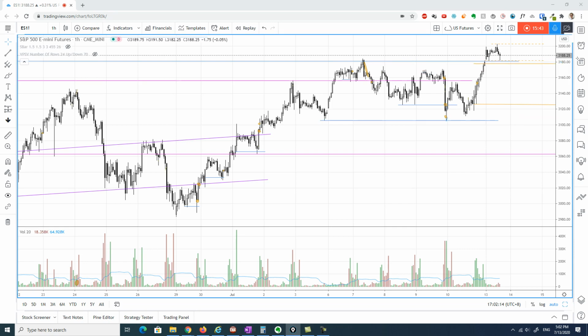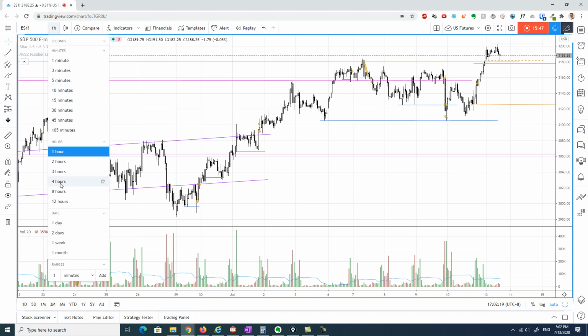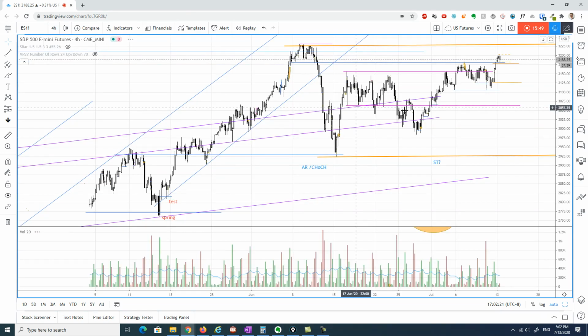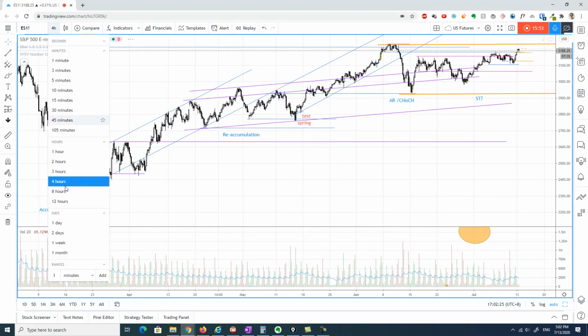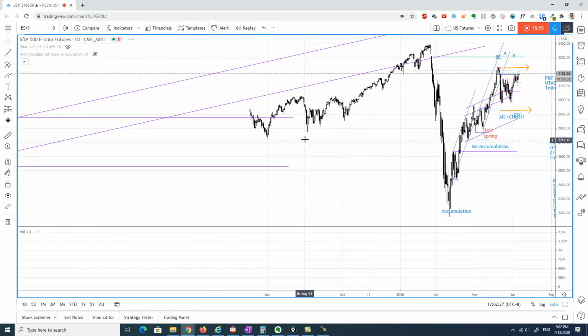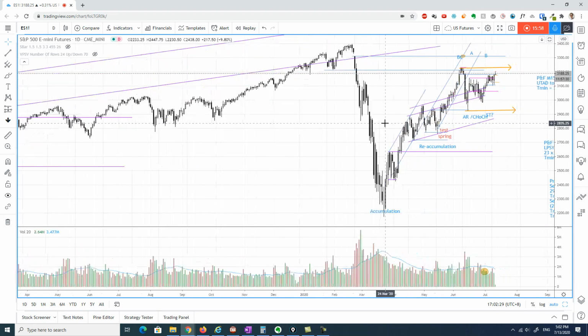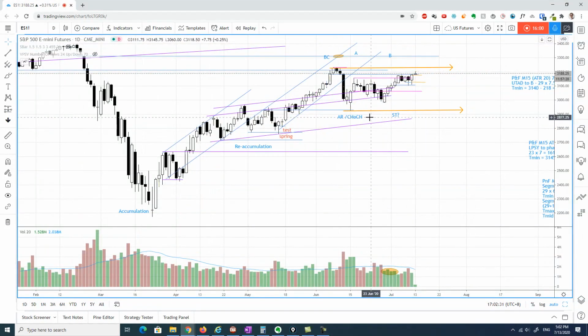All right. And let me zoom out a bit, or get down to probably H4. I would like to talk a bit more on the bigger picture here, because what I find is we are still within this big trading range here.